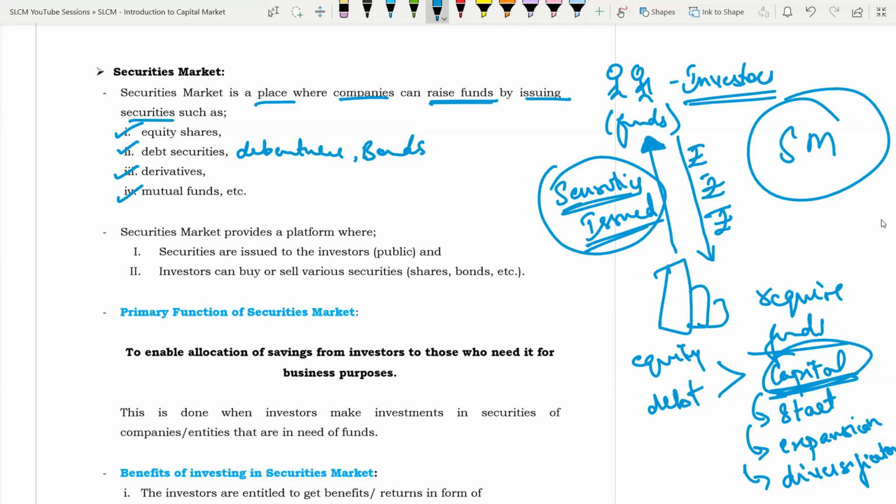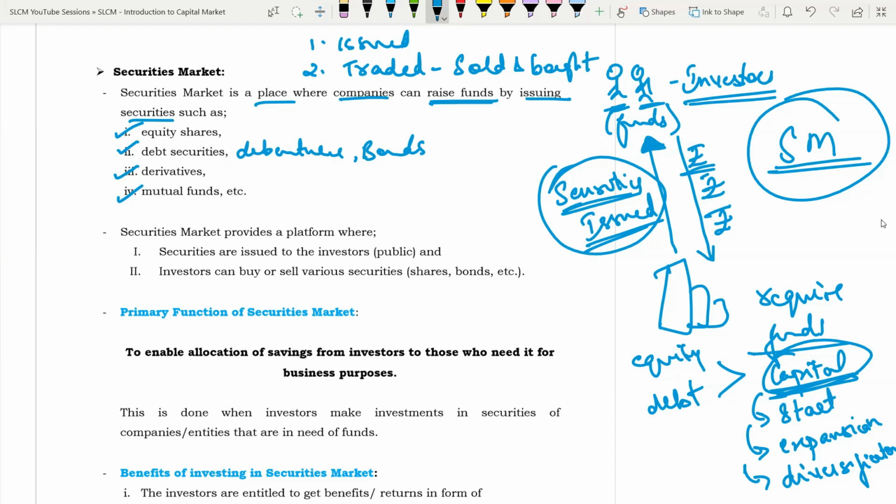Later, once it is issued, the investor, if he wants his funds back, he can sell those securities and claim back his money. So securities market is a place where firstly, securities are issued, and secondly, those securities which are already issued are traded. What is traded? Traded means sold and bought. Buying and selling of these securities take place. That market also is called as the securities market.